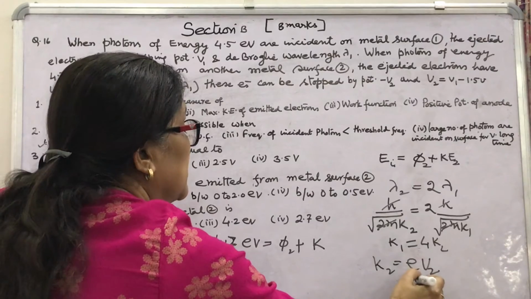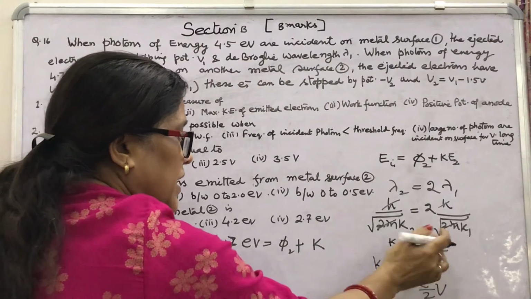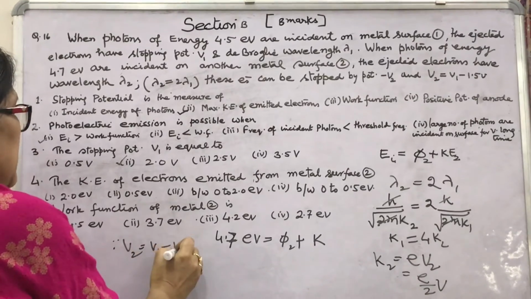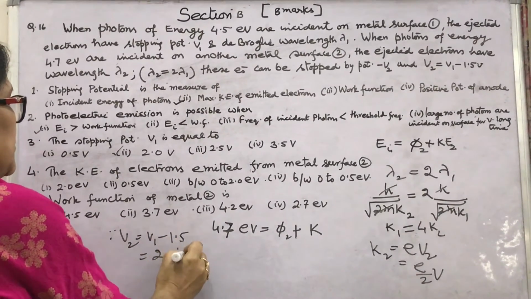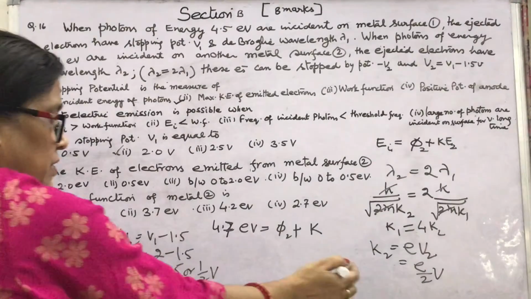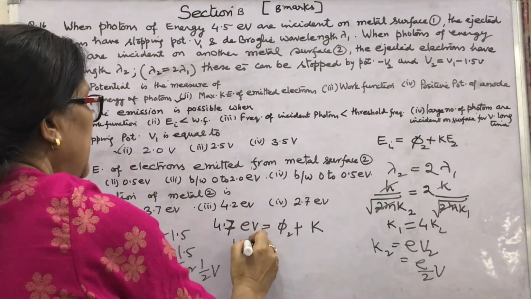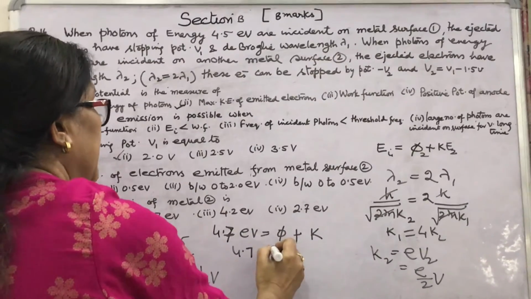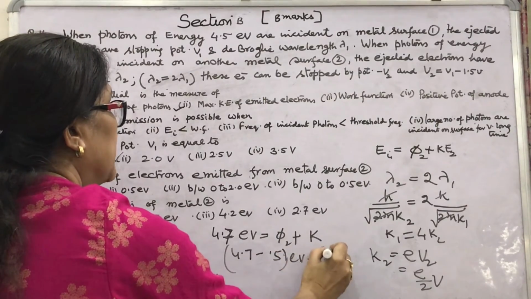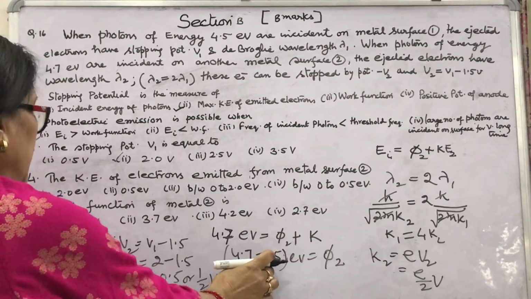So this is e times half V. 0.5 means half V. Look again, since V2 equals V1 minus 1.5, what is V1? 2. So 2 minus 1.5 is 0.5, or half volt. So K2 is half eV. Put here 4.7 eV minus 0.5 eV, this will be equal to the work function. So this work function is calculated as 4.2 eV.